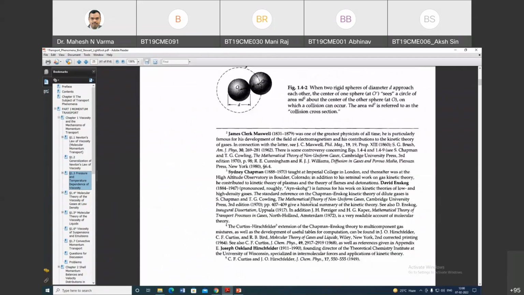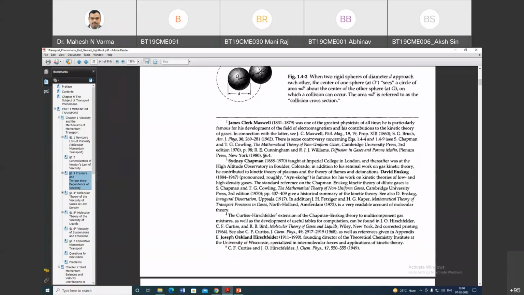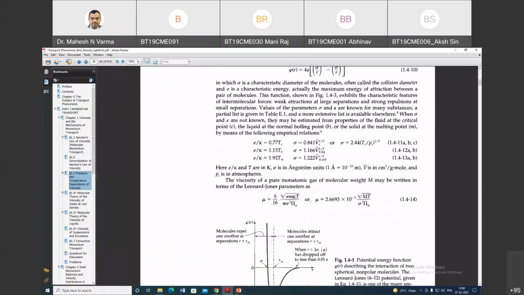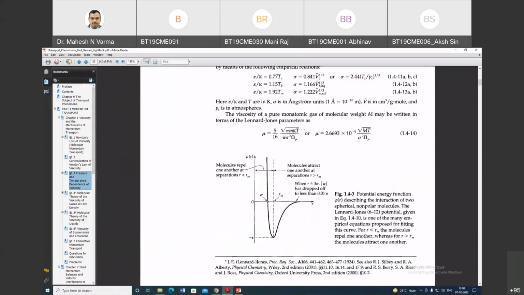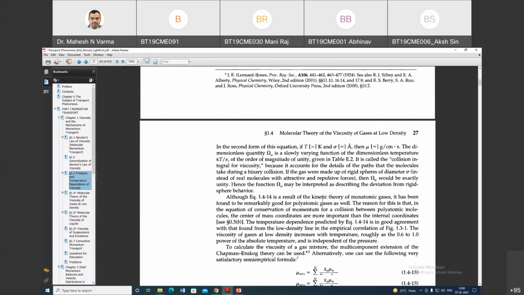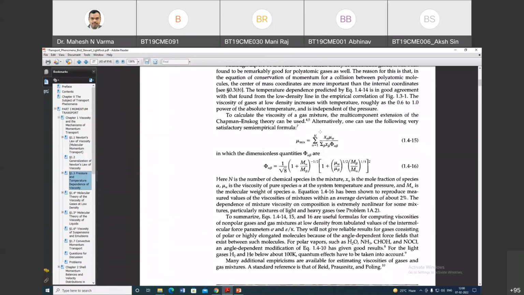Then, if you consider interaction between two molecules and use the molecular theory of gases for high density, and statistical thermodynamics and molecular dynamics simulation, you get this equation, where there is collision diameter and collision integral. This is how we can get the viscosity of gas mixtures when they are interacting differently.